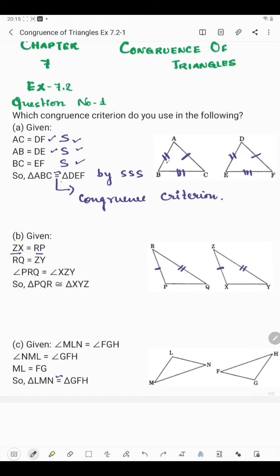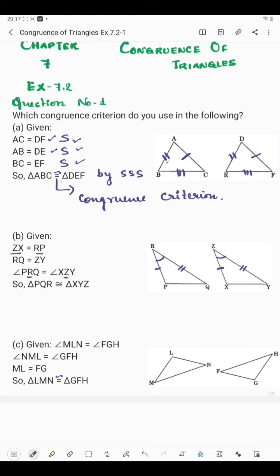Now angle PRQ. Here R is at the center, that means it represents angle R from triangle PQR, and XZY means angle Z from triangle XYZ. So this angle and this angle are equal.